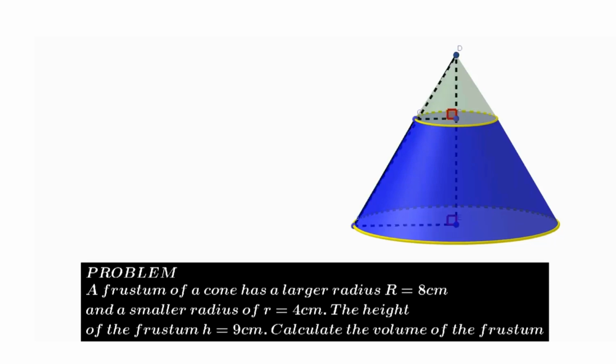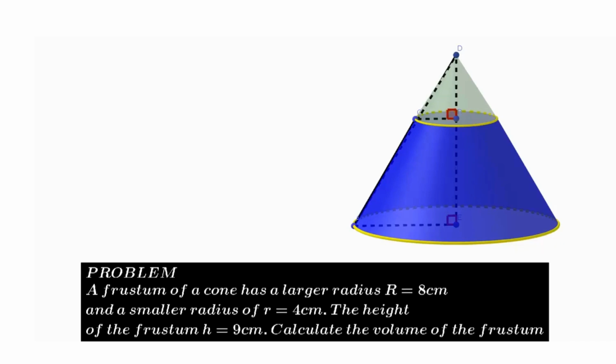Here we put down all the necessary items. We can see the height of the big cone. So we have this as the height of the big cone. Let's mark that.